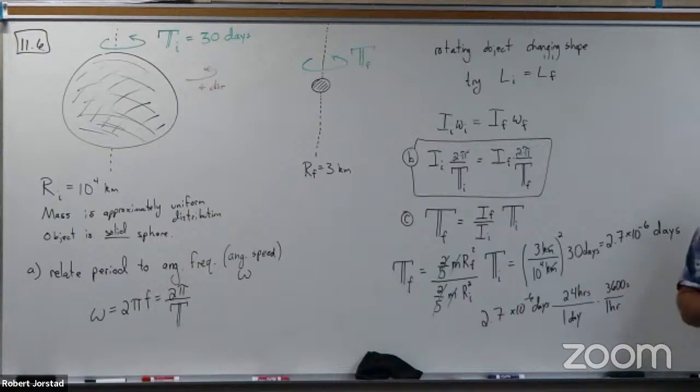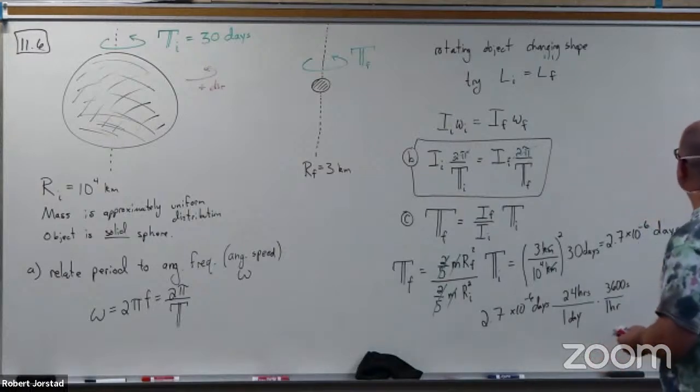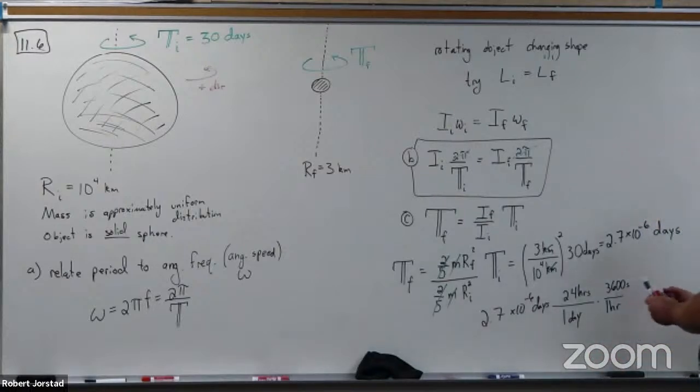Why do we have leap day? It's not perfect, exactly. They also have leap seconds every once in a while and stuff like this, but let's just focus on this. So 2.7 e negative 6 times 24 times 3600, I got 0.233, a quarter of a second, basically.